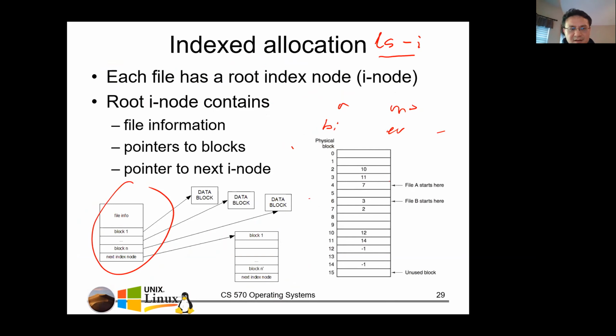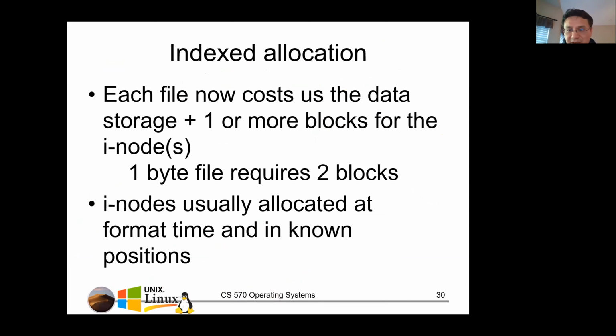That means even if you only have 1 byte for your file, you need at least 2 blocks for that file. One block is for the inode, the other block is for the file data block.